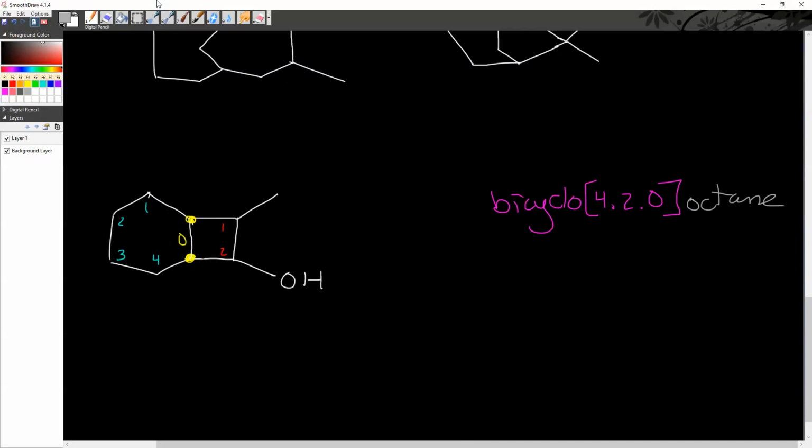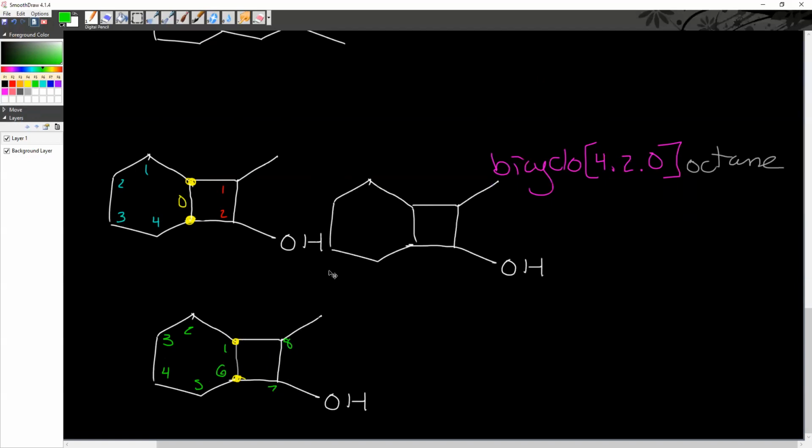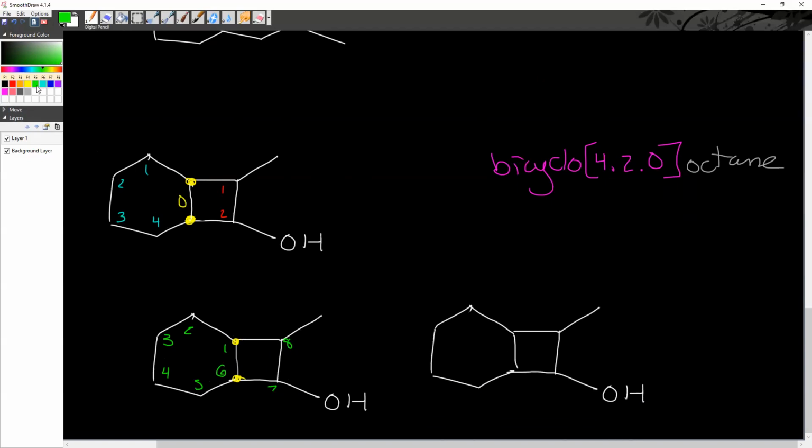And just to give us another one so we can do some counting on, what we notice is that we're going to be starting at either the top or the bottom bridgehead and counting around. So if we start at the top one, we get 1, 2, 3, 4, 5, 6, 7, 8. And if we start at the bottom one, what do we notice?